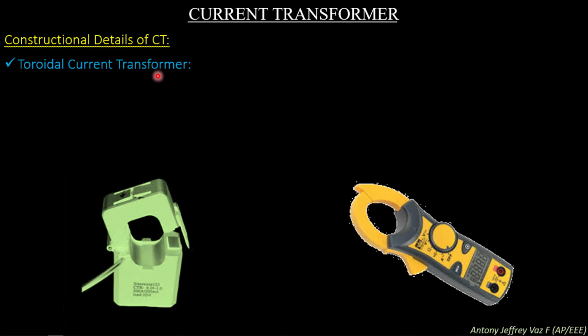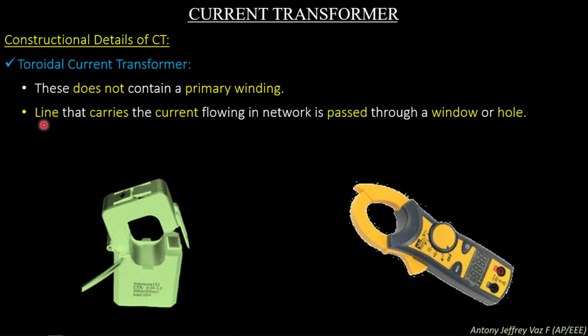Toroidal current transformer. These toroidal current transformers do not contain a primary winding. The line that carries the current flowing in a network is passed through a window or hole.